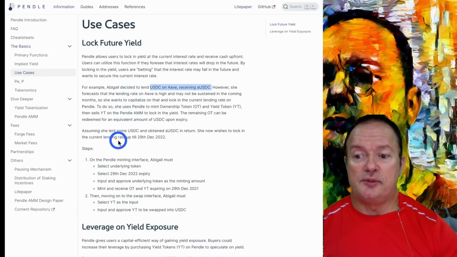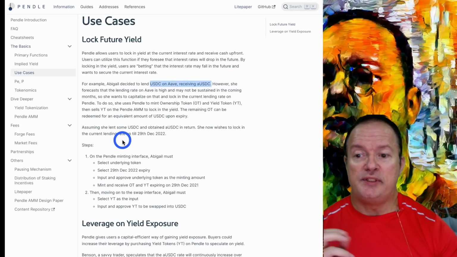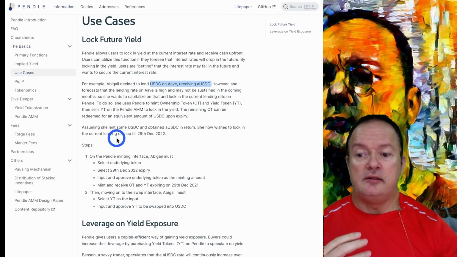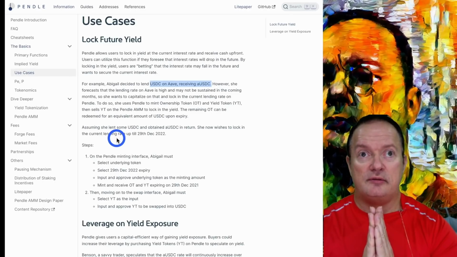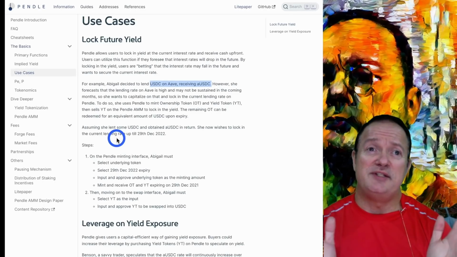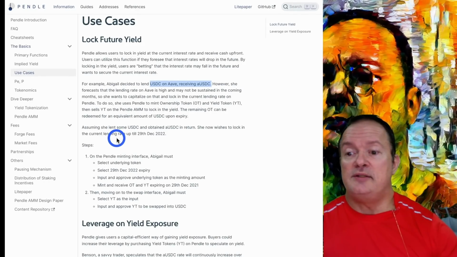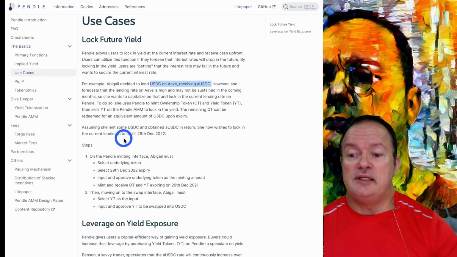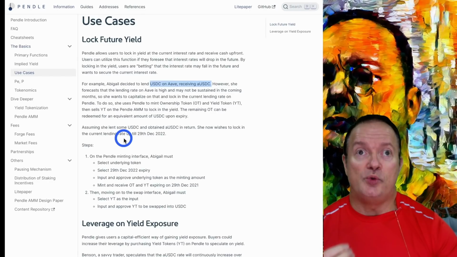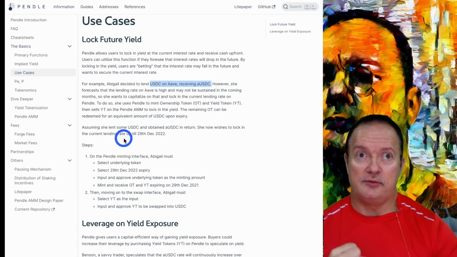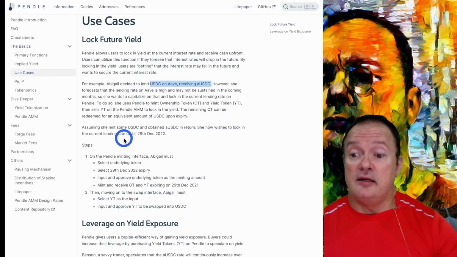You have YT tokens and OT tokens. They can be used for so many strategies, okay? There's a ton of things you can do with this. The YT token is the yield token, and the OT token is the ownership token. Okay, remember that.